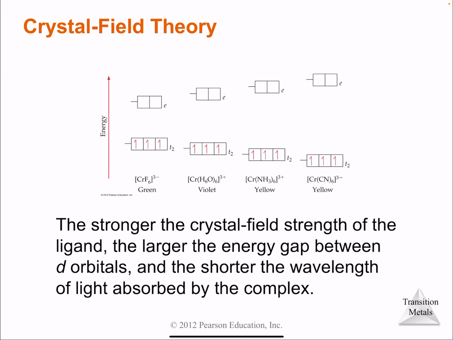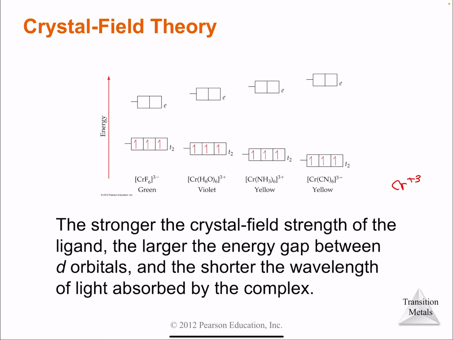So here is a diagram. This is a good diagram that comes from your textbook. It shows different complexes of chromium, all chromium in a +3 state, but now you have a different ligand in each case, which creates a different splitting energy, or different ligand field strength.